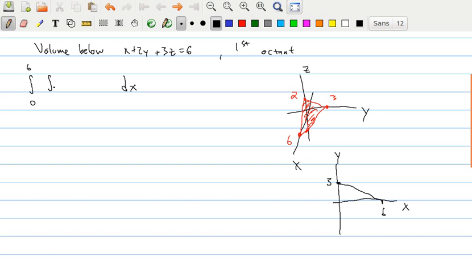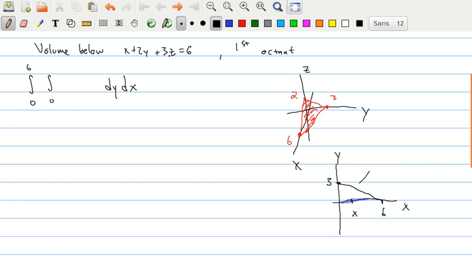And then we can integrate with respect to y. And the y values, given an x, the y's run from this bottom curve, which is y equals 0, up to the top curve. Well, that top curve, we have a formula for that. This is in the xy plane, so we know that z equals 0.